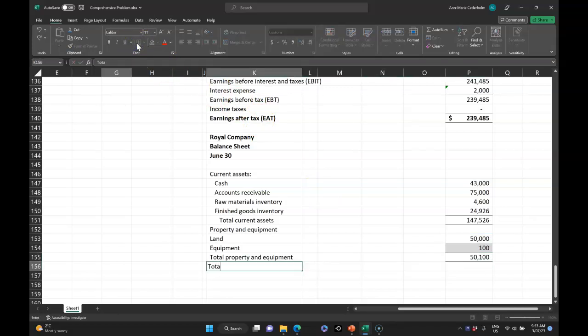So now I'm just going to add up my total assets. So that's the total current assets plus the long-term assets, and that'll give me my total assets. Now remember that assets have to equal liabilities plus shareholders' equity.